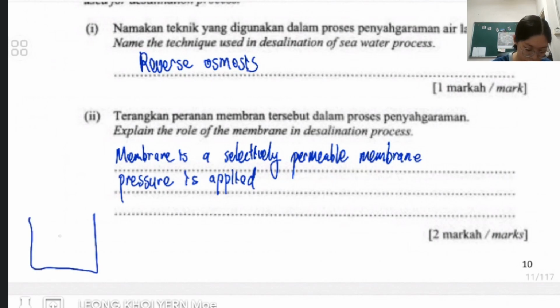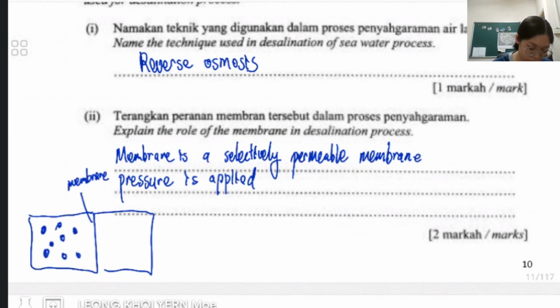So this is the membrane, and here there is a lot of solute. You need to apply pressure right here so that the salt, the solute, won't be able to pass through.